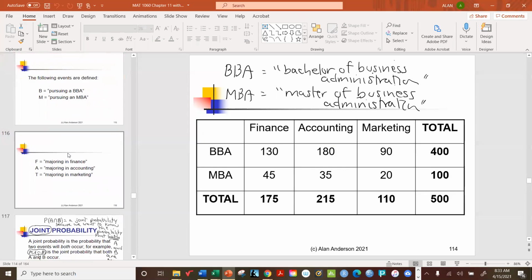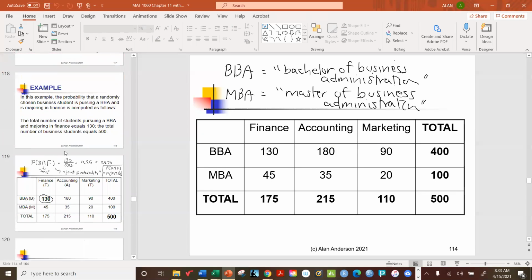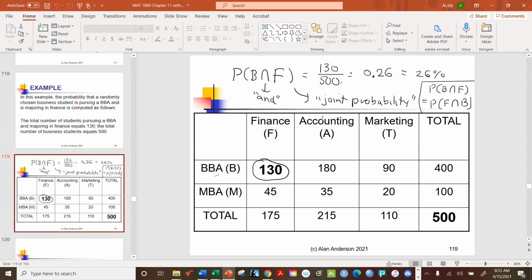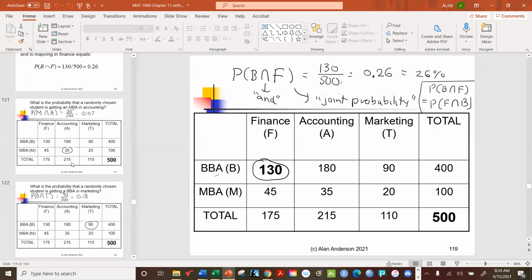Now, we also saw what are called marginal or unconditional probabilities. Here are the calculations for bachelor's degree in finance. So 130 is the number we're looking for, divided by the grand total is 26%. And this is referred to as a joint probability because, like I said, two different things are true at the same time. All right, so we did all of those.